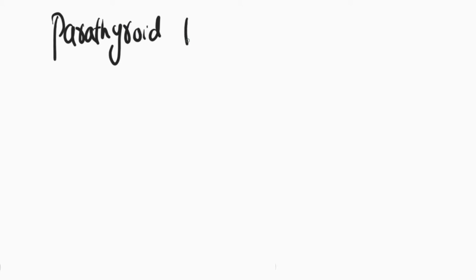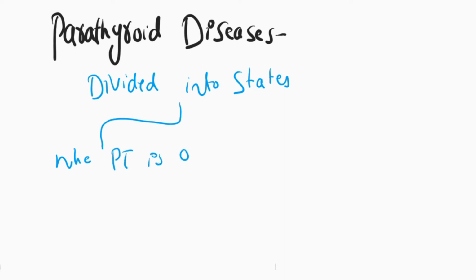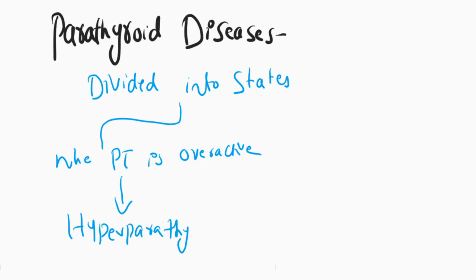Parathyroid diseases. The diseases of parathyroid are divided into two states. The first state is when parathyroid is overactive, and this condition is known as hyperparathyroidism.